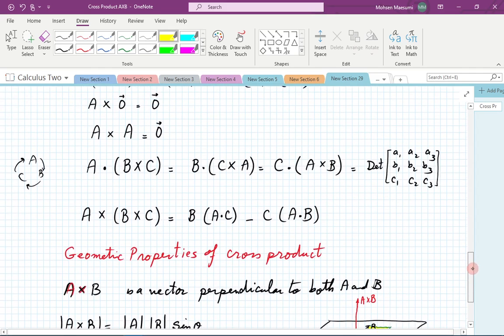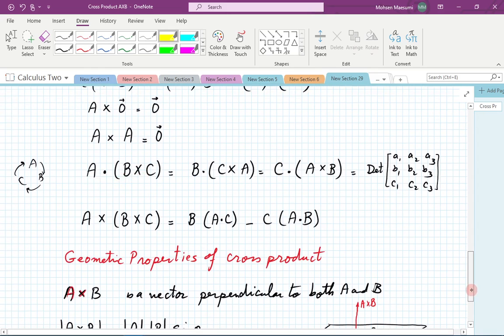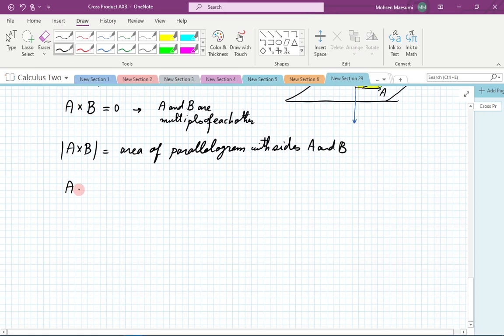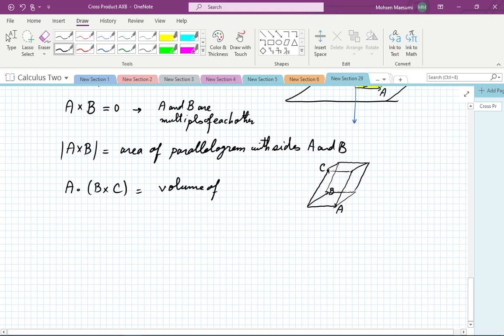Now we have one more of these things with respect to A dot B cross C. A dot B cross C is equal to the volume of a prism built on top of A, B, and C. Meaning, if I have A, B, and C, and then I make a kind of slanted box with this thing, something like this, then A dot B cross C in absolute value is that volume.